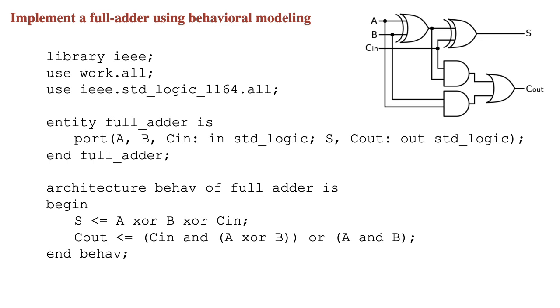So OR is in the middle, and then you have A AND B. This completes the code for the behavioral modeling of a full adder. So you can save this in a file named full_adder. Remember to always name the file as the name of the entity.